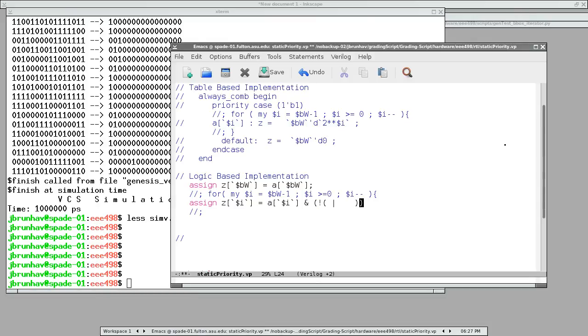I'm going to be extra generous with parens. So what we'll do is a unary OR across that bus, so that's BW minus 1 to I plus 1.